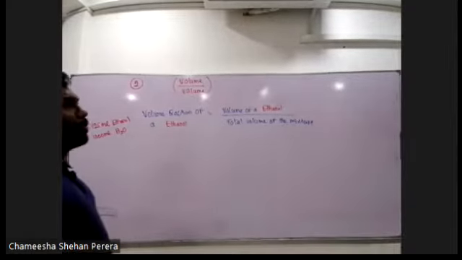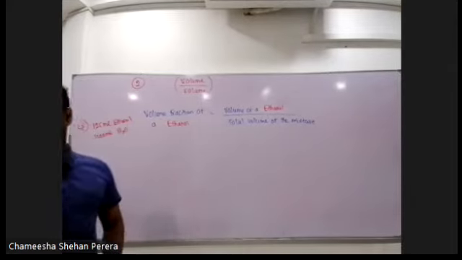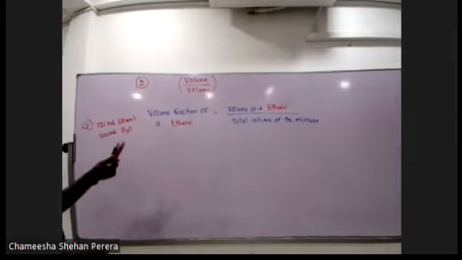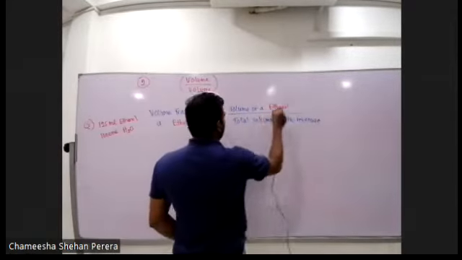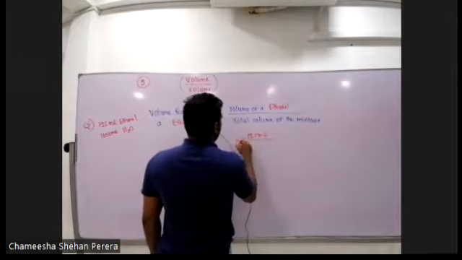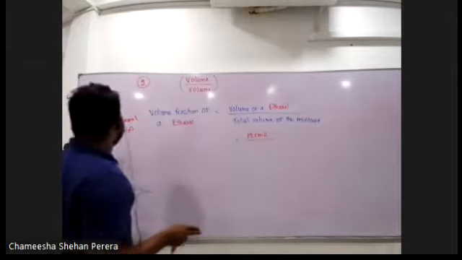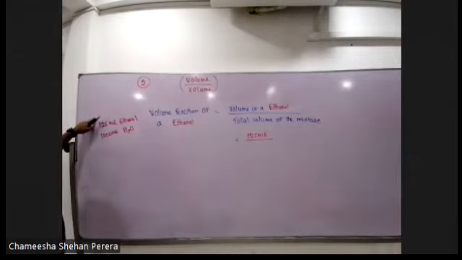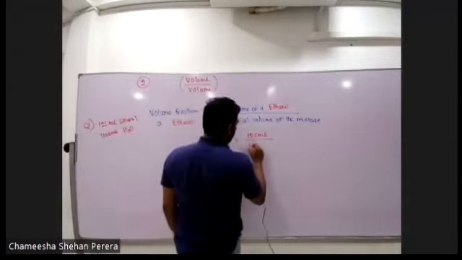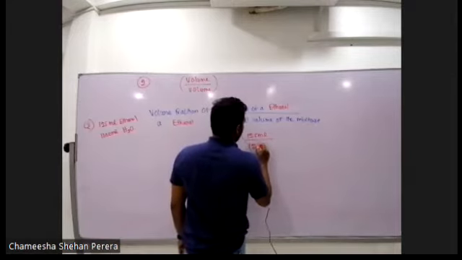Done, guys. Shall we move on? Volume fraction of ethanol. What is the volume of ethanol present here? 125 ml. Total volume would be 1000 ml plus 125, so altogether the total mixture contains 1125 ml.